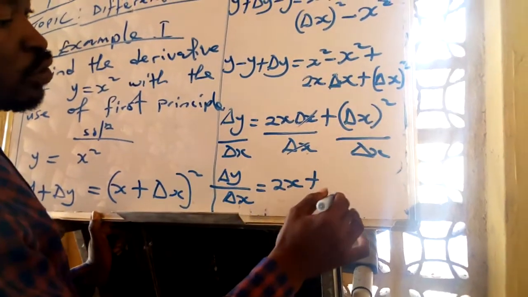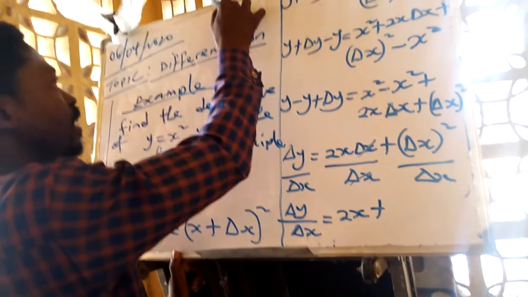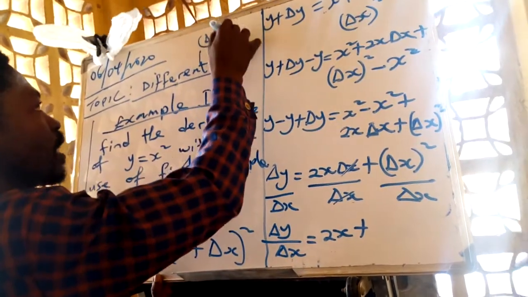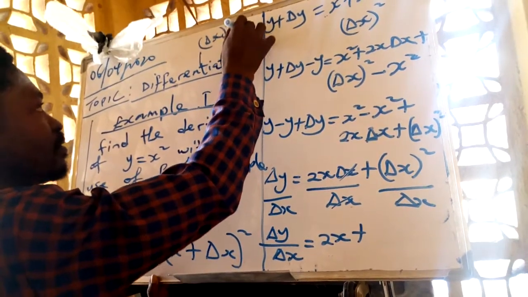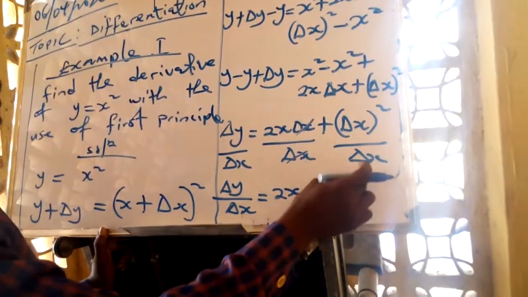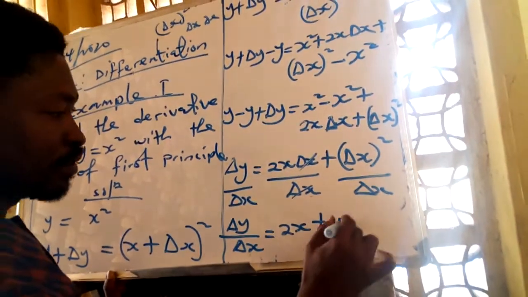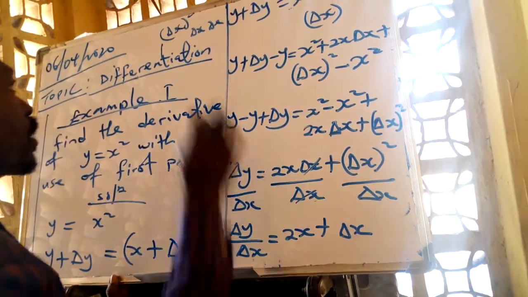And I believe that you know (delta x) squared simply means delta x times delta x. So if you now split it into two, you discover that the denominator will cancel one delta x off, leaving you with delta x. Is that okay?